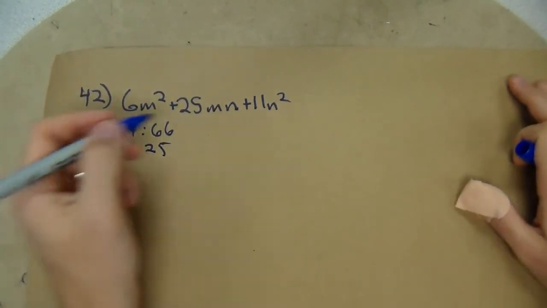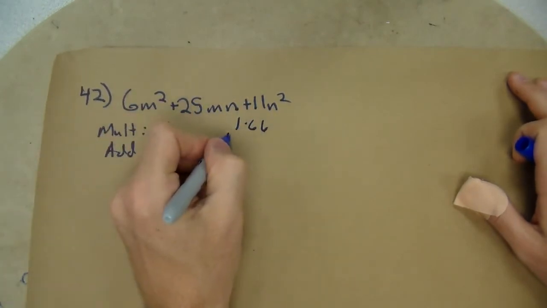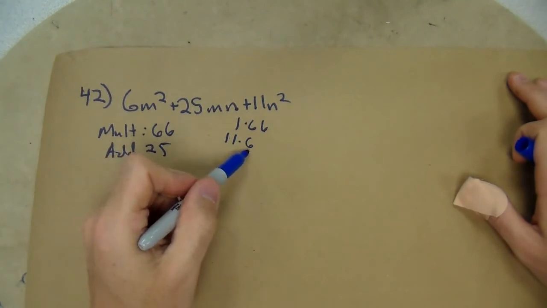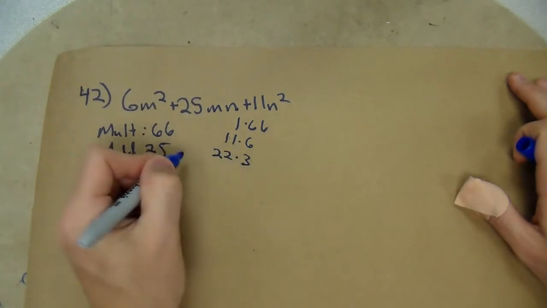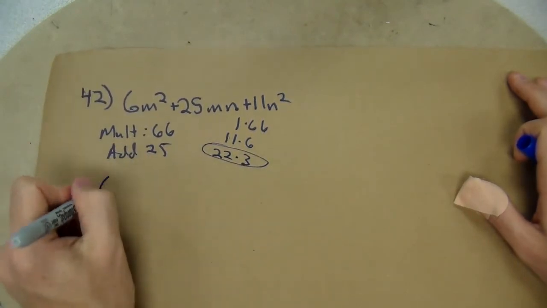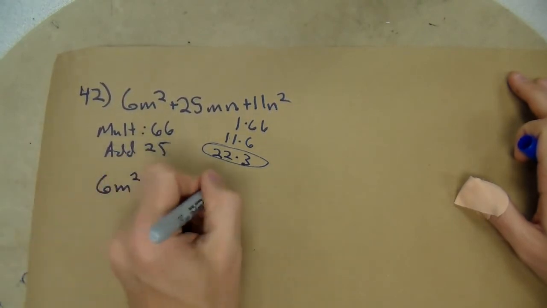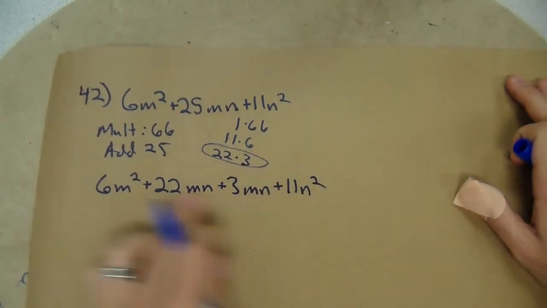If I'm thinking of the ways I could get 66, I could do 1 times 66. I could do 11 times 6. Those don't work. If I took half of 6 and made it 3, and then put the 2 over here, 3 times 22 is 66. Oh, those would add to 25. So I'll go 6m squared plus 22mn plus 3mn plus 11n squared.